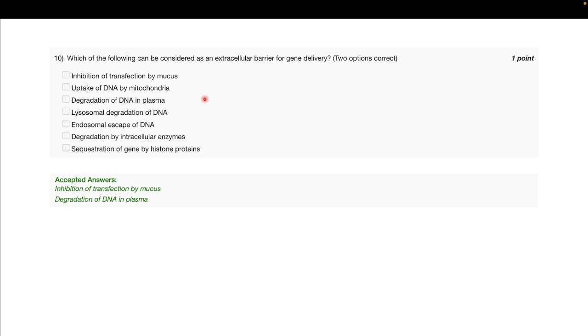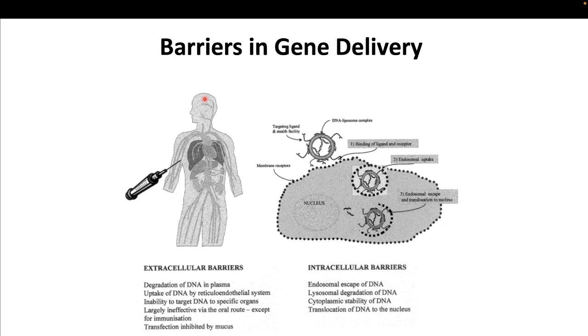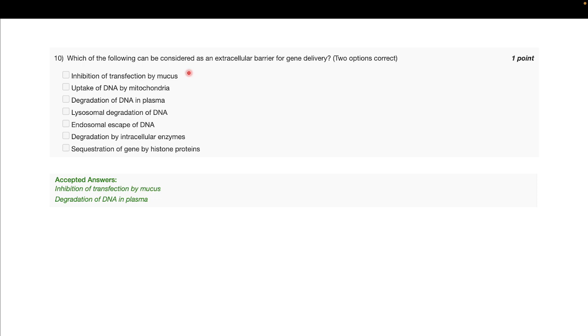As I said, there are a lot of barriers for gene delivery, right? To better understand these barriers, they are divided into extracellular and intracellular barriers. Your extracellular barriers are inhibition of transcription by mucus, because there is a lot of mucus lining all over your body. Your tissue will also have extracellular matrix as well as mucus. So this will not let your DNA enter into the cell.